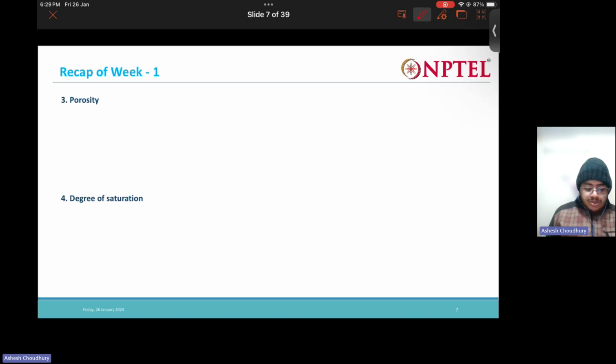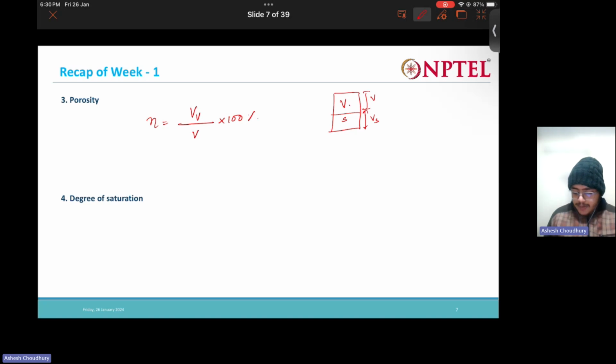Next, we have the porosity. Porosity is similar to void ratio. Porosity is nothing but volume of voids by total volume. Say this is the solid, these are the voids, and this is the total.